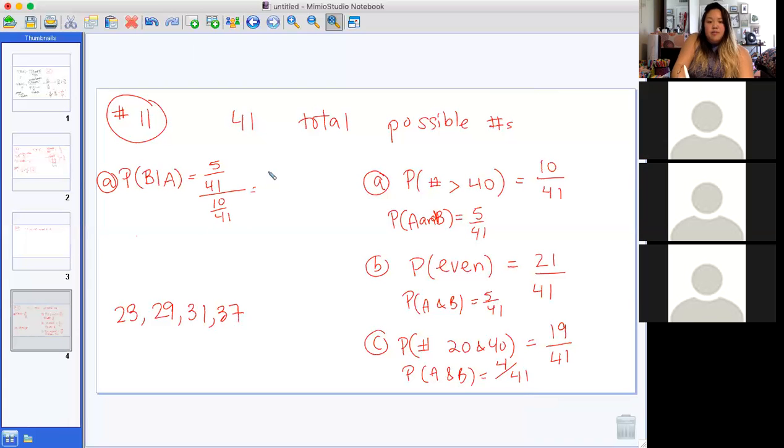So we get 5 over 10, 1/2. And then I did the same thing for the rest of these. Just put the probability of A and B over the probability of just A to get the other conditional probabilities. Does that help you all?